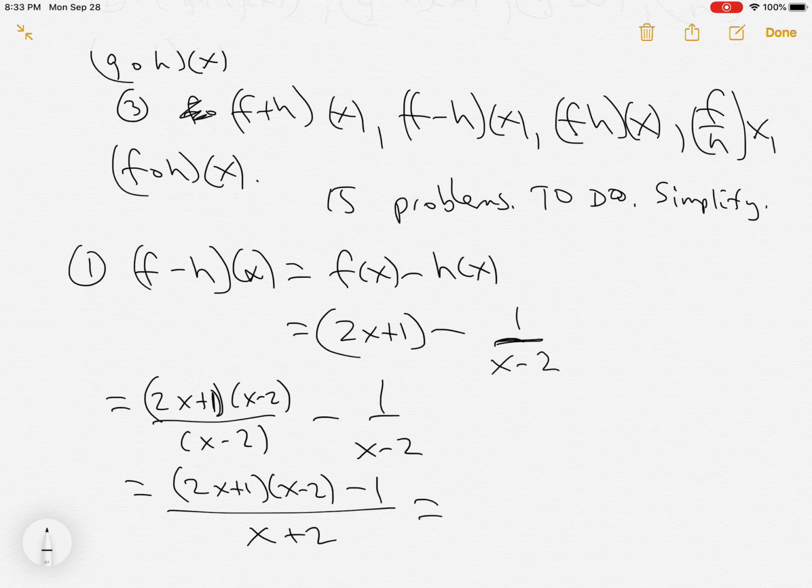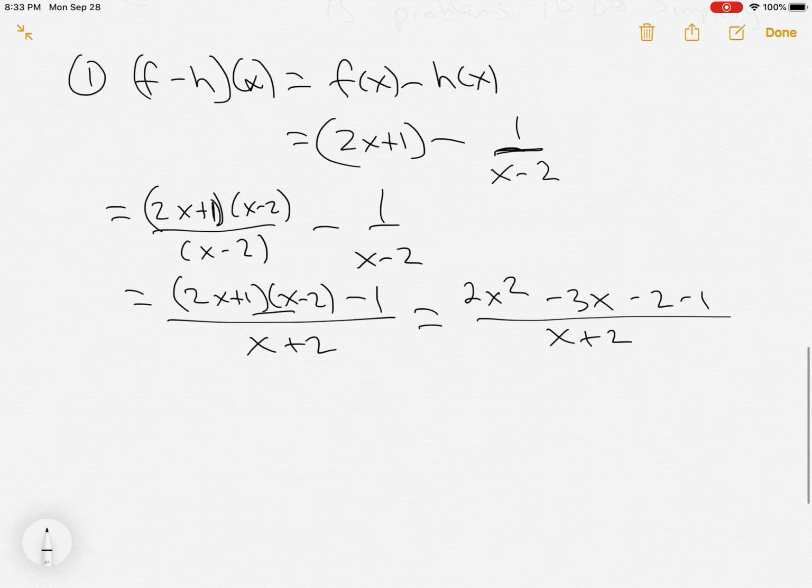All right, we're going to multiply this quadratic out. We get 2x squared plus x minus 4x, so it's minus 3x, minus 2, minus 1, over x minus 2, which turns out to be 2x squared minus 3x minus 3 over x minus 2.